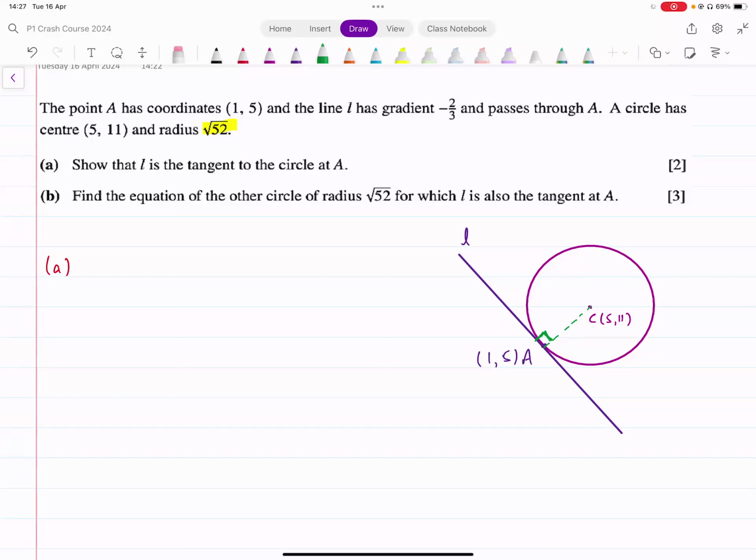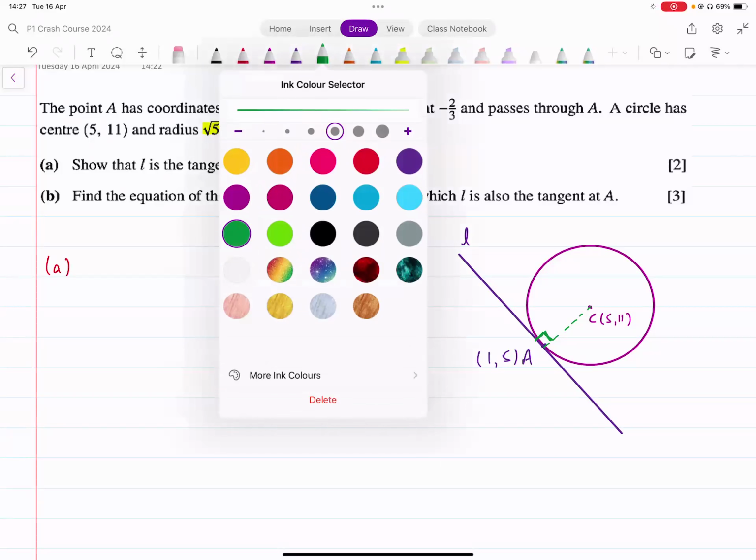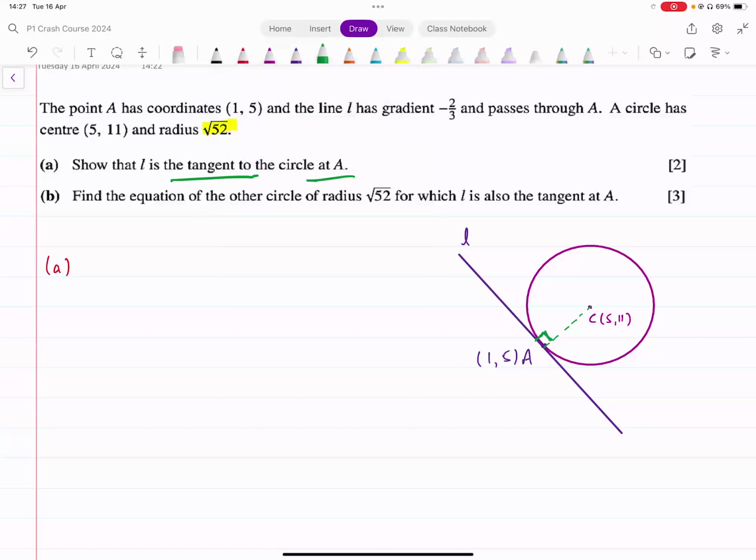That is one thing that we need to prove: that the radius of the circle at the point A, which is AC, is perpendicular to the line L, because radius and tangents are supposed to be perpendicular to each other. So let's find the gradient of the line AC, which is the radius.